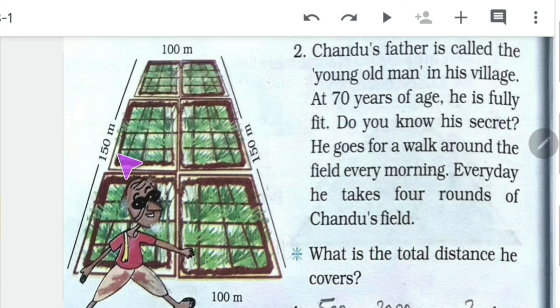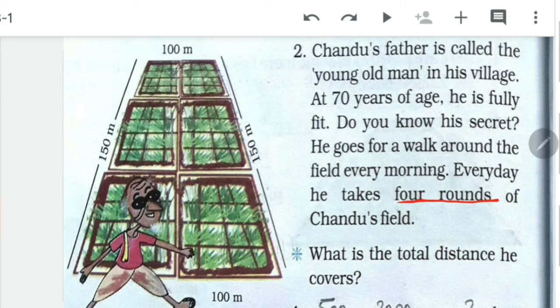Now we have given the figure of Chandu's field and his father goes 4 rounds of this field every day. That is why he is so fit. Now the question is, what is the total distance he covers? We all know he goes 4 rounds.